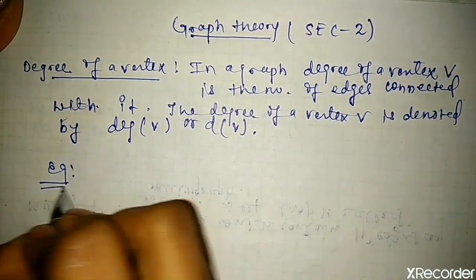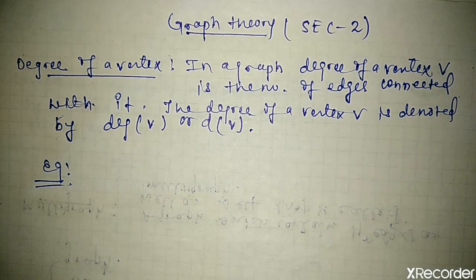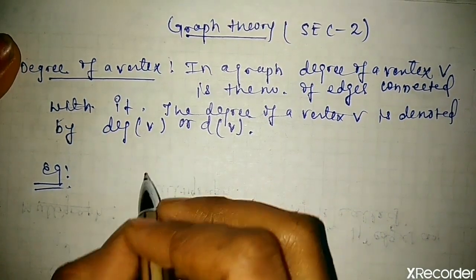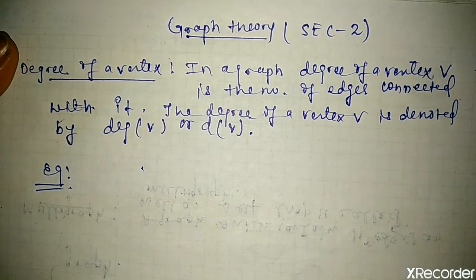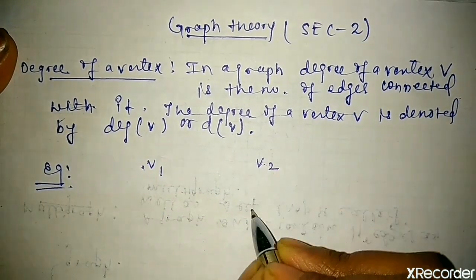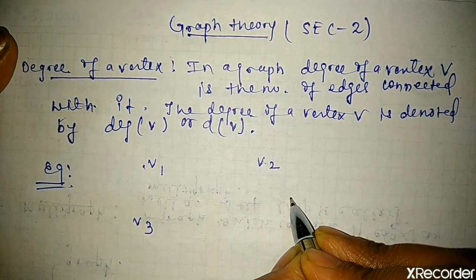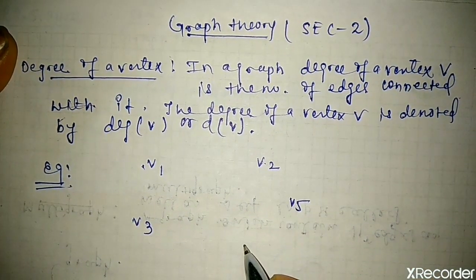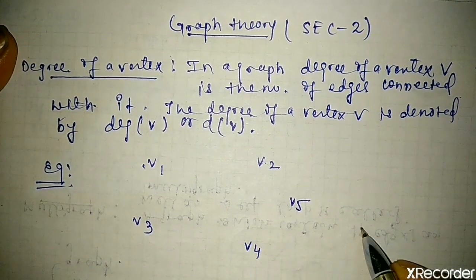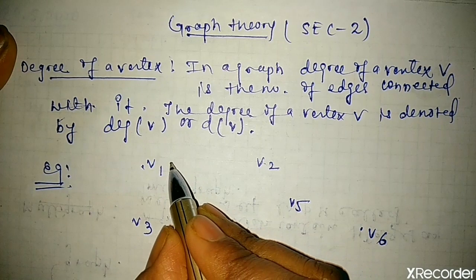For example, let us understand this with a figure. Suppose we have V1, V2, V3, V5, V4, and again we have V6. Let us join these vertices.